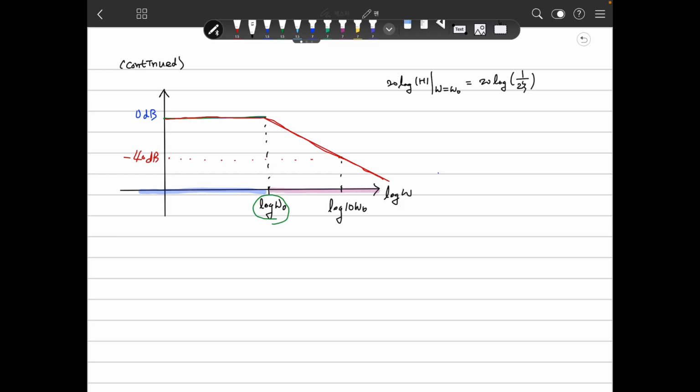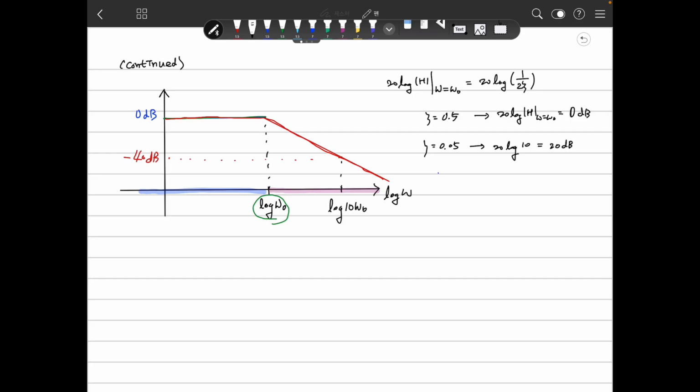So when zeta is 0.5, that value of 20 log h at omega 0 is 0 dB, but when zeta is 0.05, that means 20 log 10, meaning 20 dB.